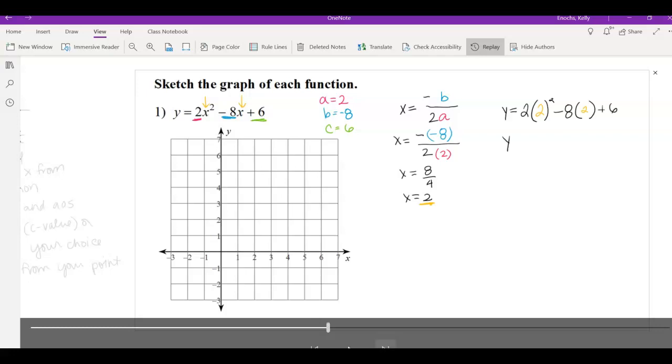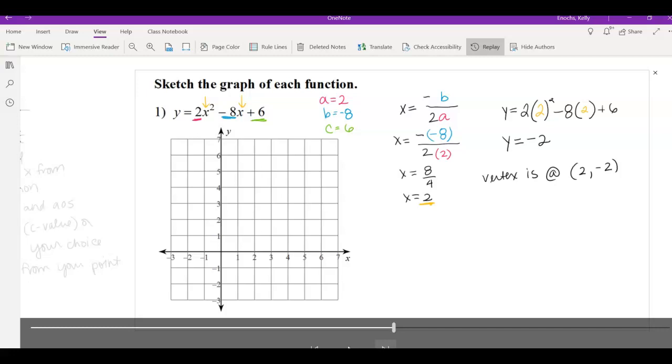And it turns out that y ends up being negative 2. So there's step 2. I had to find my y value. So I found my x value, then I had to find my y value. That gives me my vertex point. So my vertex point is 2 comma negative 2 for this particular problem based on that equation in standard form.